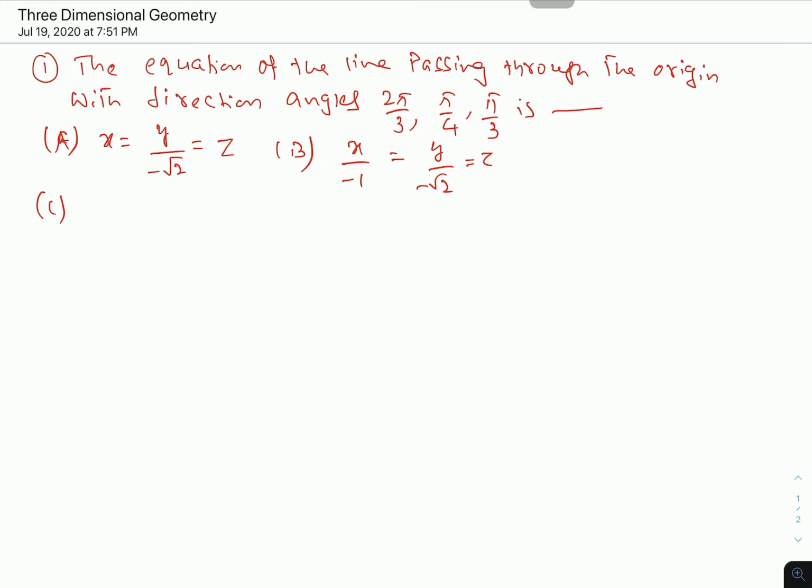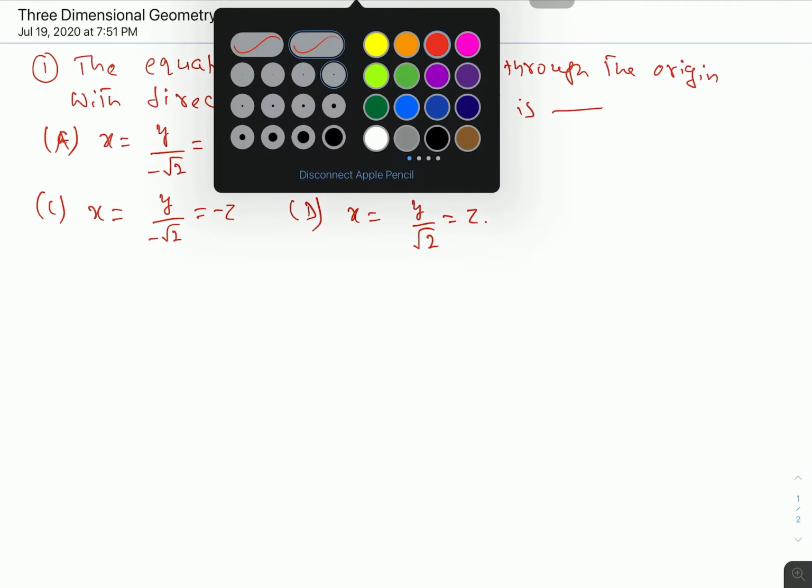Third option, x equal to y over minus root 2 equal to minus z. And the fourth, x equal to y over root 2 equal to z.